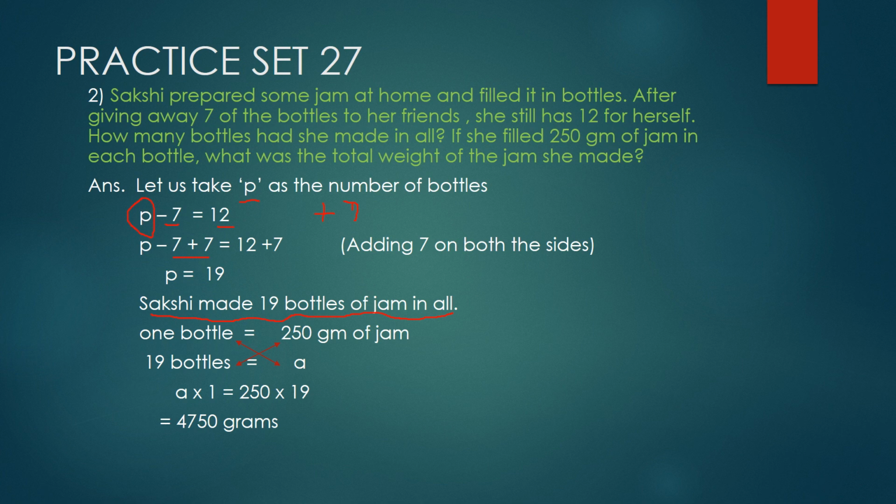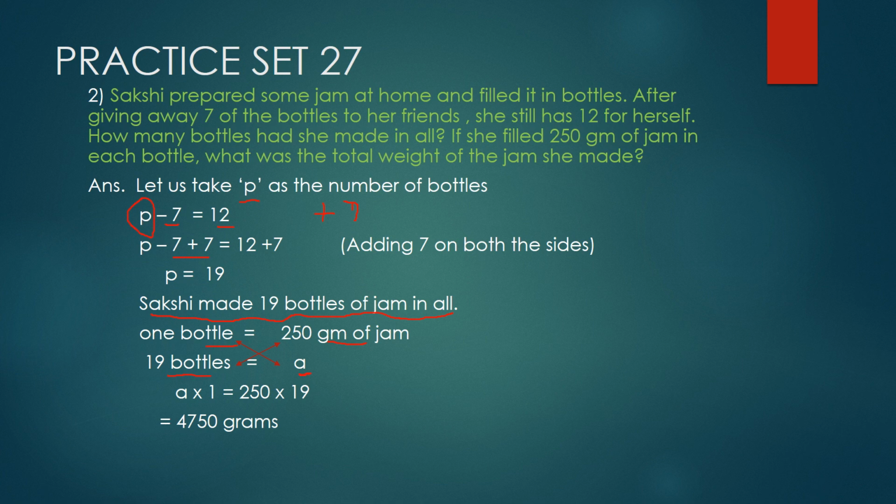Now there is a second part of the question also, wherein they are asking us if she filled 250 grams of jam in each bottle, what was the total weight of the jam she has made? So we know that 19 bottles she has, okay, and in one bottle she has 250 grams of jam.